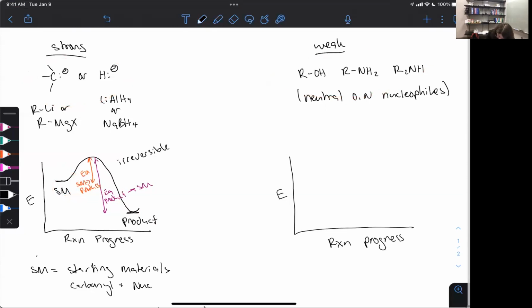So when we get to that situation, our starting material is much, much lower in energy. Okay, and it's actually not that much different from the product energy.